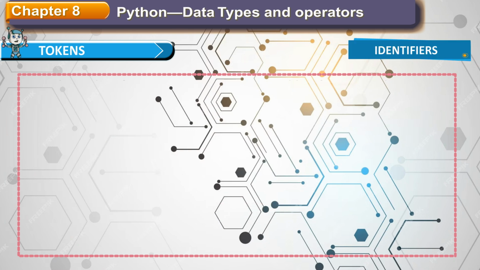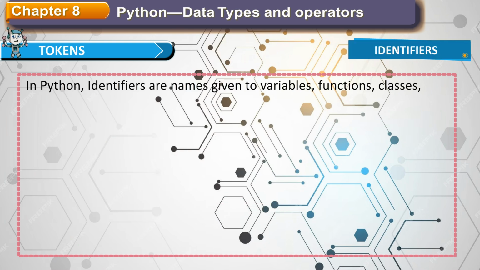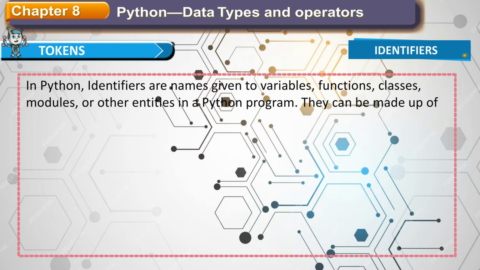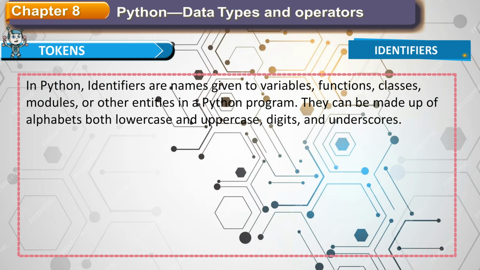Identifiers. In Python, identifiers are names given to variables, functions, classes, modules, or other entities in a Python program. They can be made up of alphabets, both lowercase and uppercase, digits, and underscores. They cannot start with a digit.